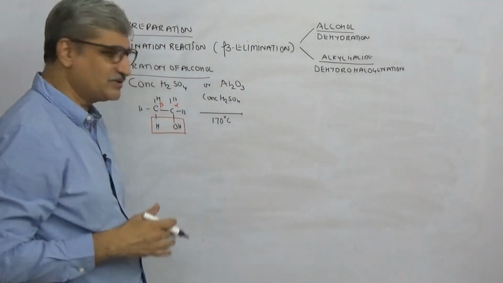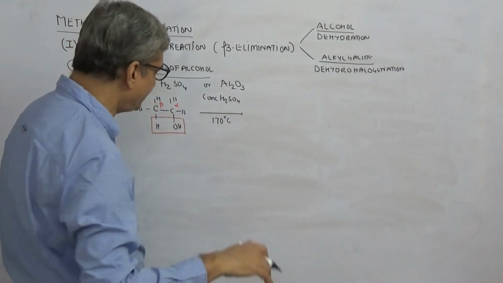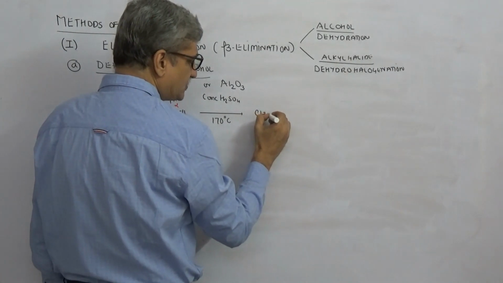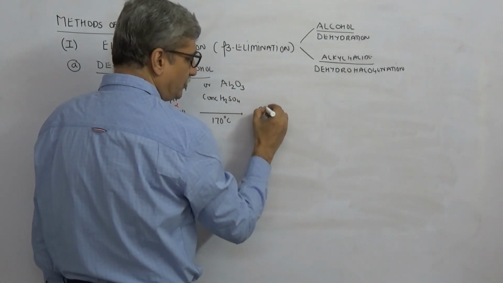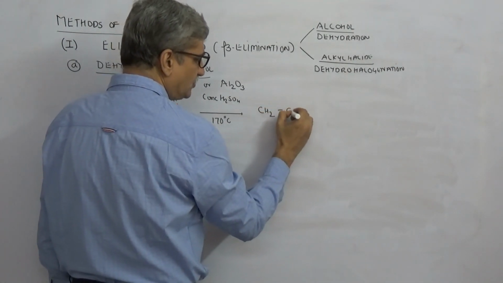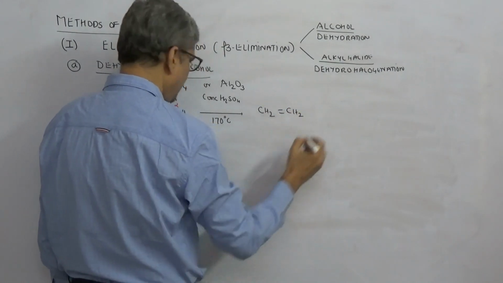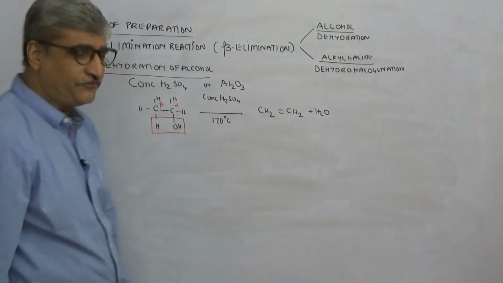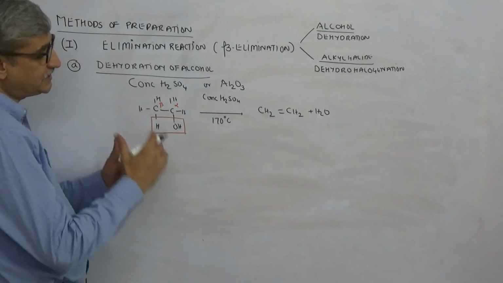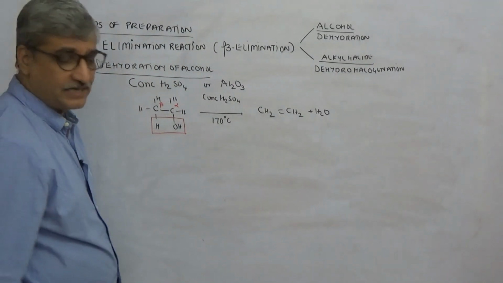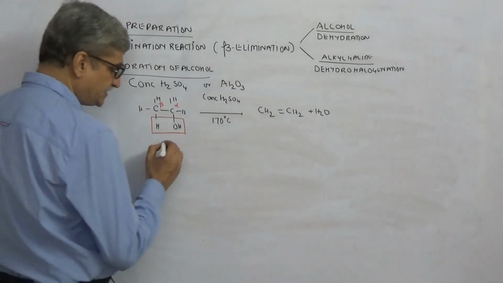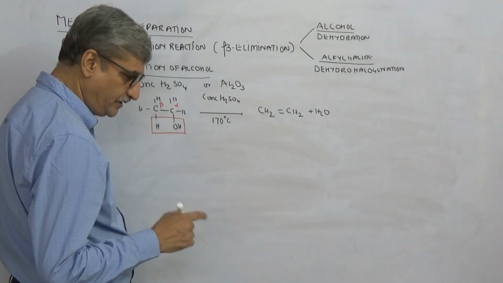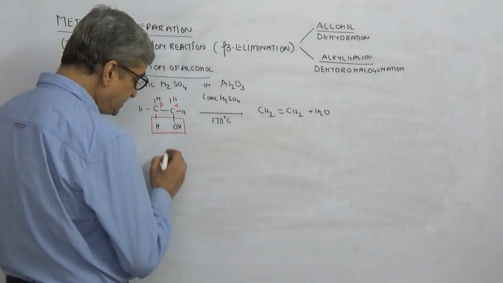So for Kelvin, just add 273. So you get CH2 double bond CH2 plus H2O. Okay, so what is the kind of question that they can ask in this? First is the decreasing order, I mean, the kind of question they can ask is ease of dehydration.